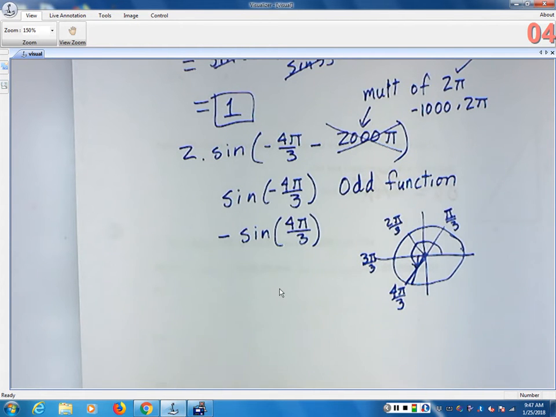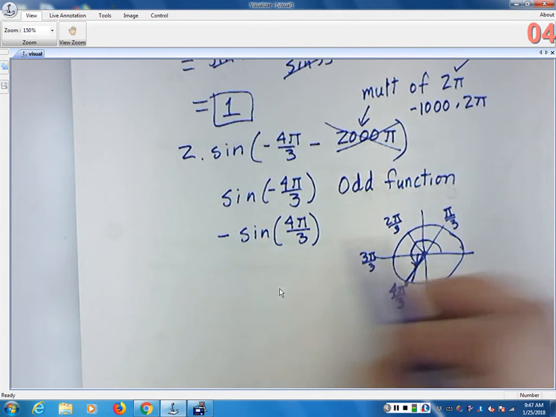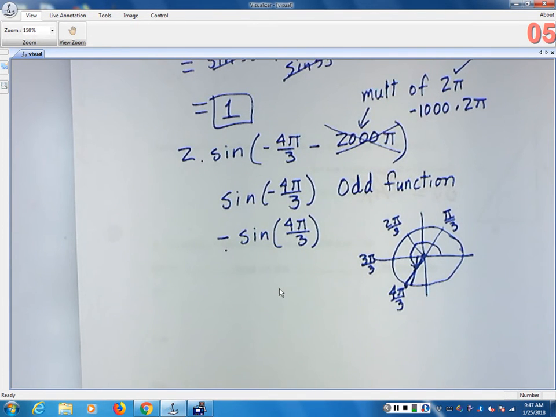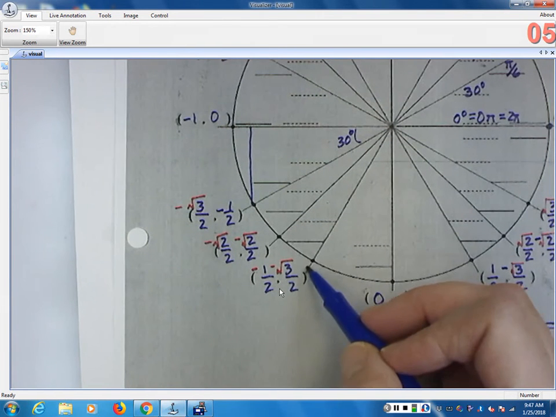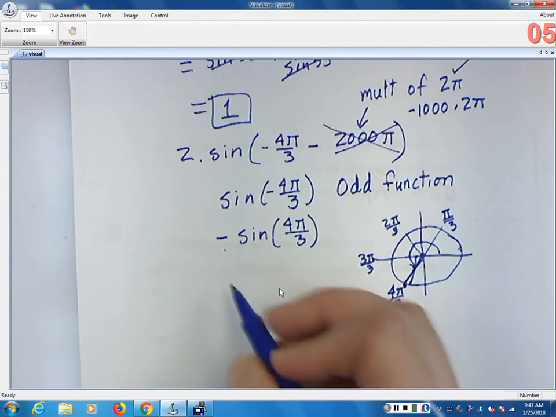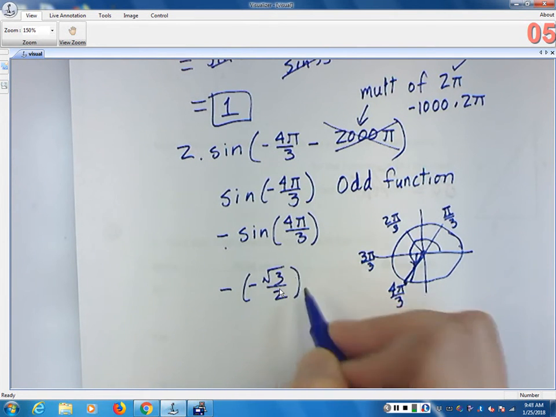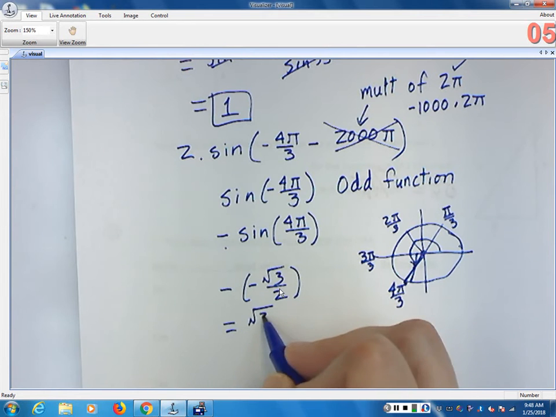We can say that sine of 4 pi over 3 is going to be negative, and then when we take the negative of that, we're going to get positive. 4 pi over 3 is here. That's negative square root of 3 over 2, so the answer is square root of 3 over 2.